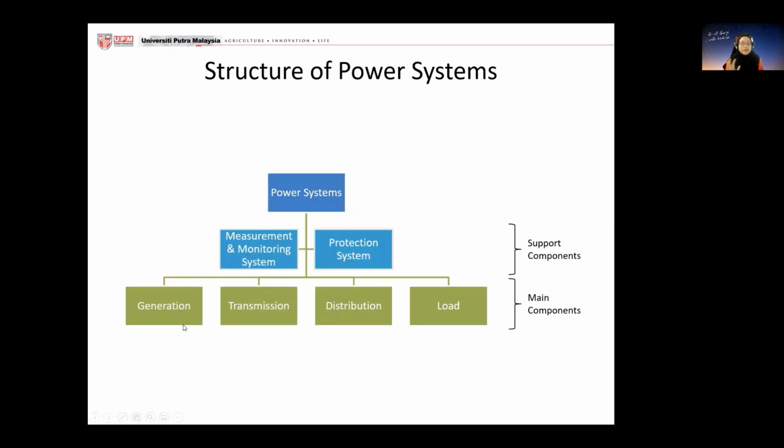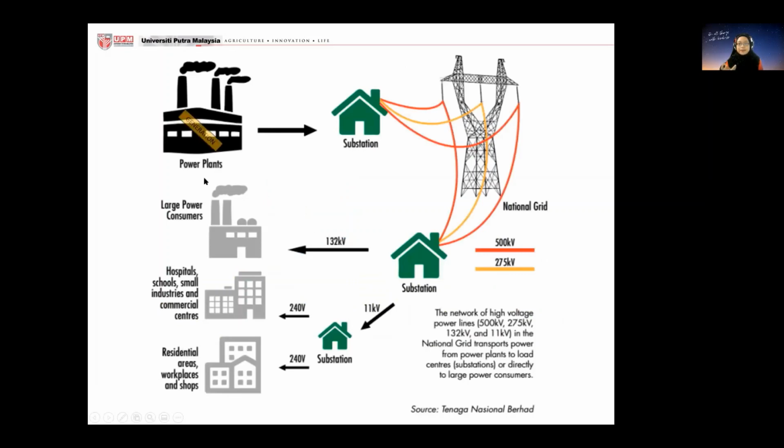It must first be generated in power plants, and then when this electricity is generated, it's going to be transported through a distance, and that is where the transmission is.